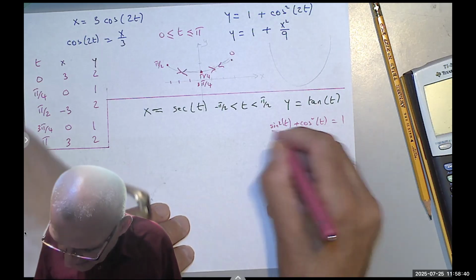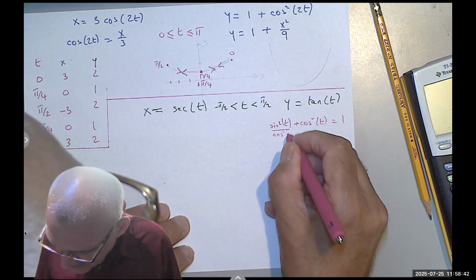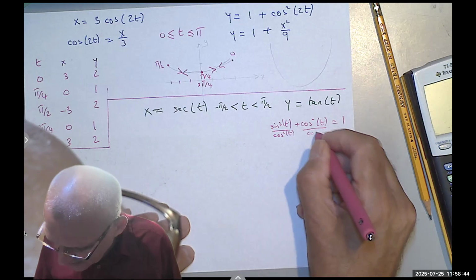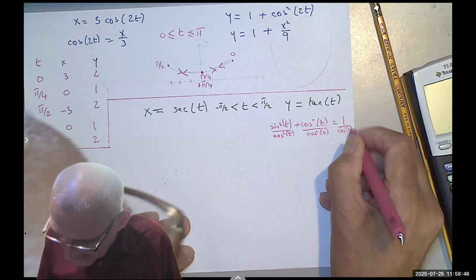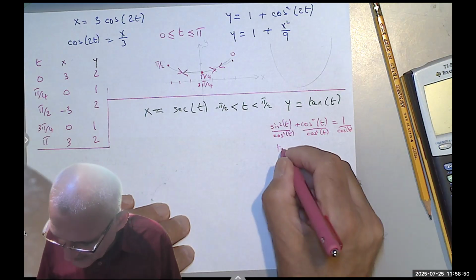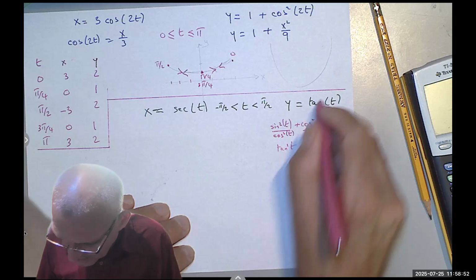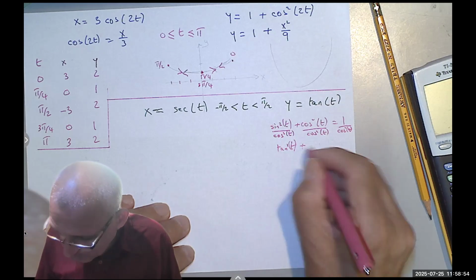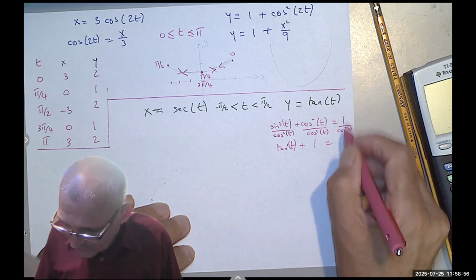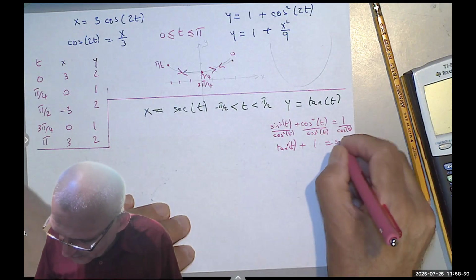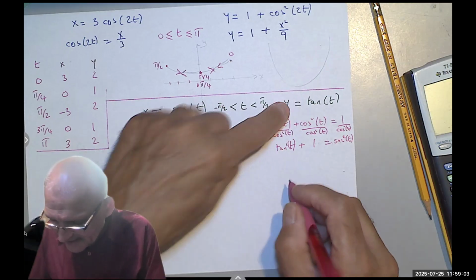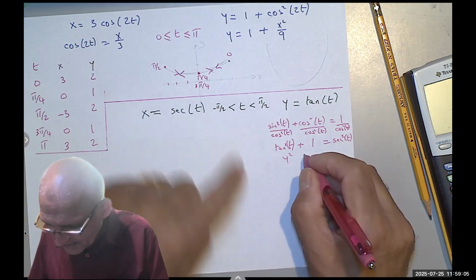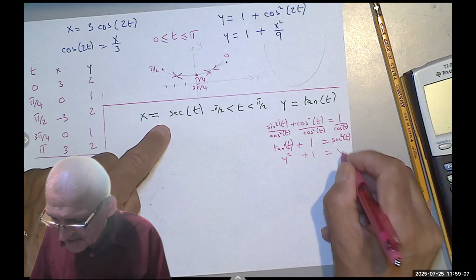So let's divide everything by cosine square t. This becomes tan square t, the y square, plus 1 equals 1 over cosine is secant. You get secant square t. So basically, I'm saying y square plus 1 equals x square.